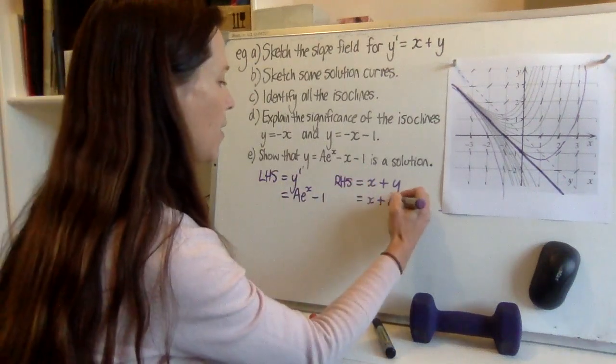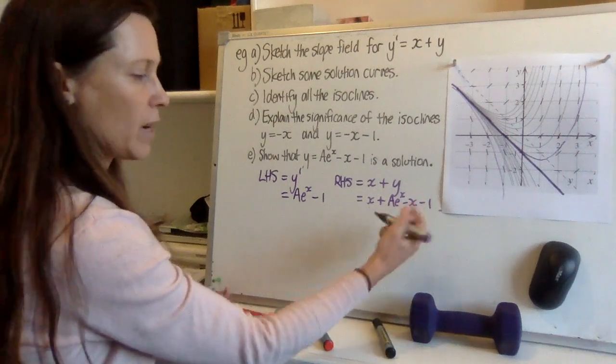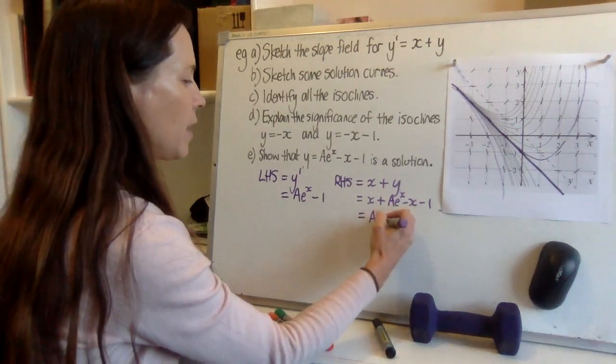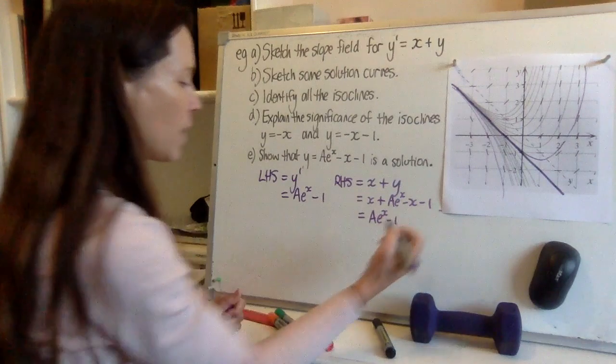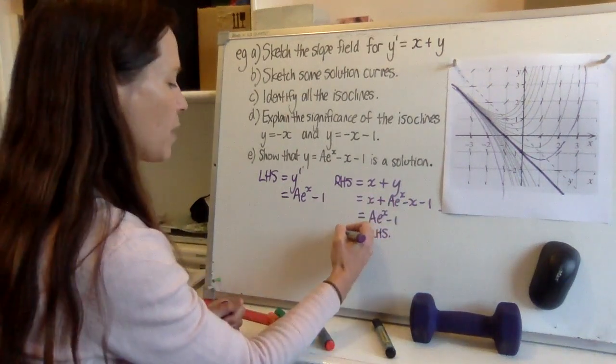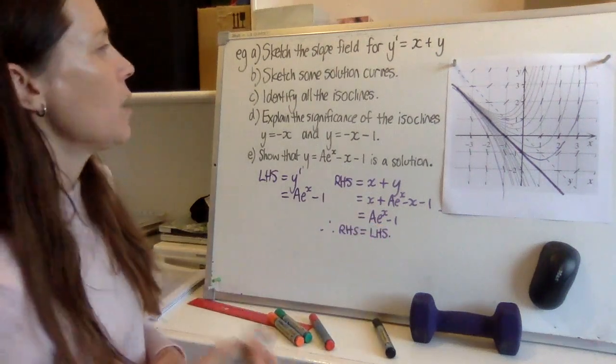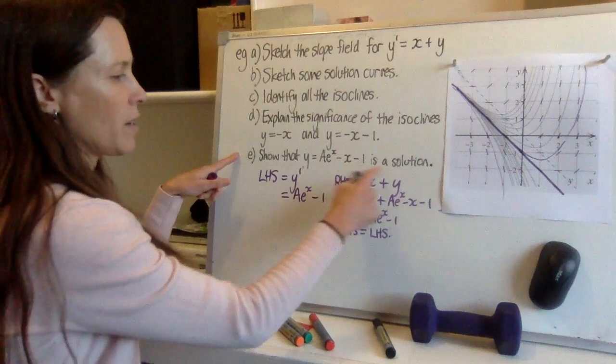So we need to add that all on. And obviously we've got x and we've got minus x, they cancel each other out, and we have a e to the x minus 1, which is equal to the left hand side. Or we could finish by saying, therefore, right hand side equals left hand side. The way you finish it is up to you. So we've shown that this is a solution.